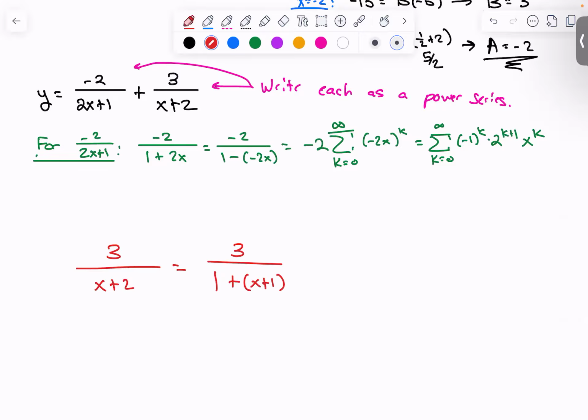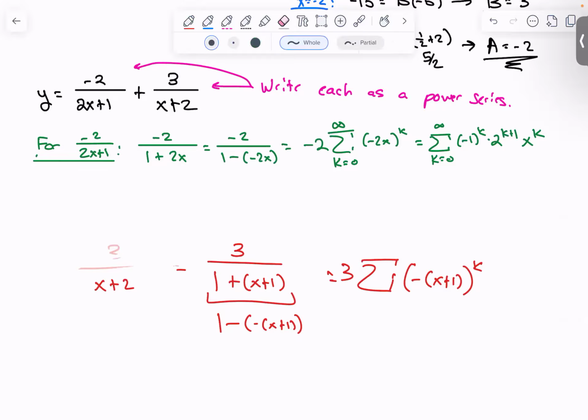That does work. And then I would rewrite this as 1 minus negative (x plus 1), and then I could write it as a series. It'd be a 3 out here, and it'd be negative (x plus 1) to the k. But then they have two different centers, and I can't write them as a singular power series with a singular center. Does that make sense?